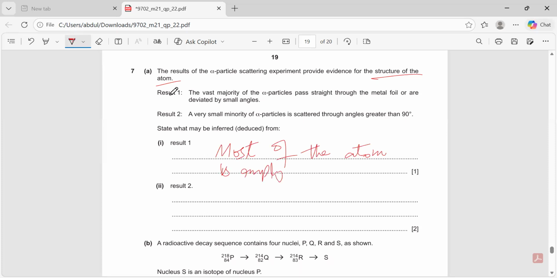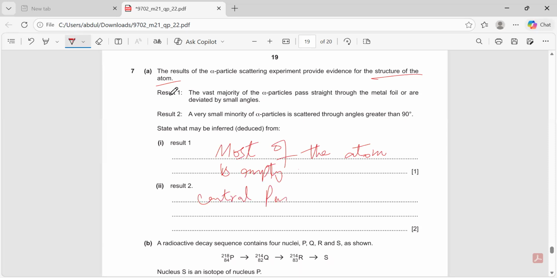Only 1 mark, so that is okay. Next is 2 marks, so we have to write 2 points. My dear friends, what can we write? The central part of the atom is charged.